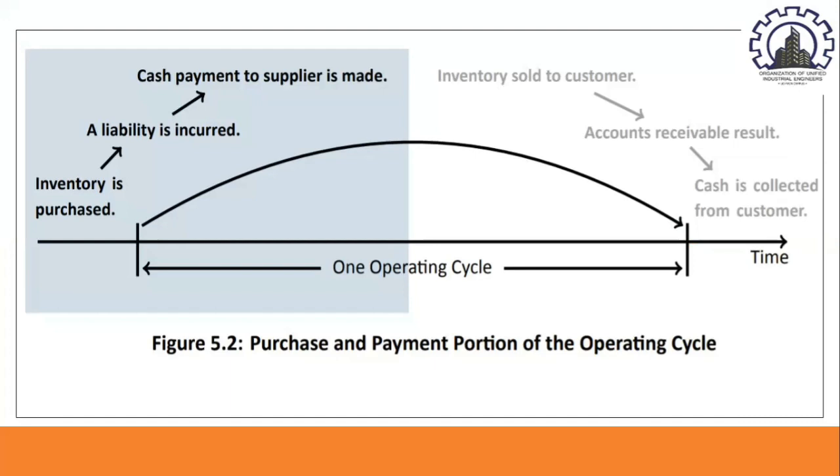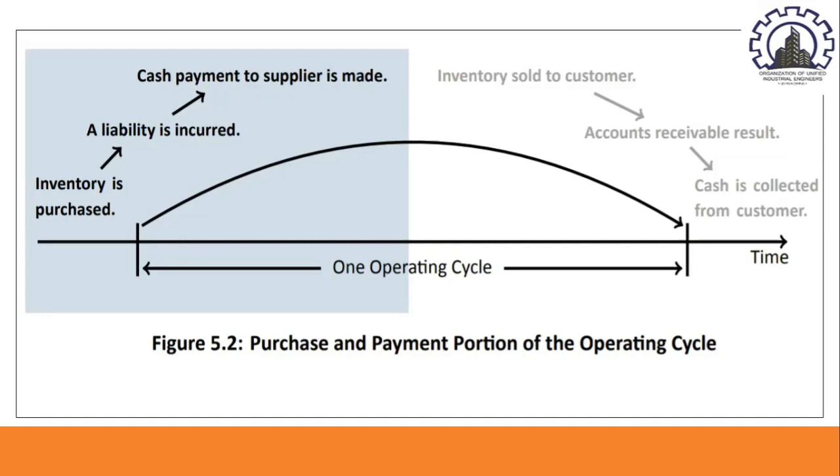This is an example of one operating cycle. It starts with inventory being purchased. So you buy or purchase goods or merchandise. After having purchased your inventory, a liability is incurred, because you purchased those goods on credit. That is why it is considered an accounts payable on the part of the company.